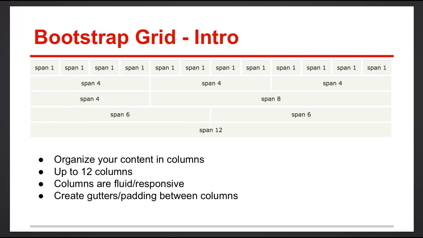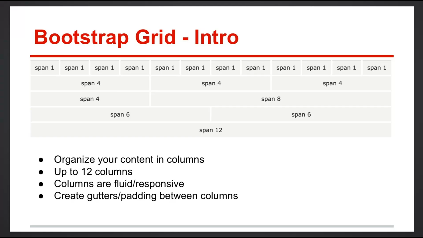So the Bootstrap grid pretty much lets you organize your content on the page into columns. You can have up to 12 columns by default. If you really wanted to change that, you could go into the SASS or the LESS and mess with it, but most people don't have to.